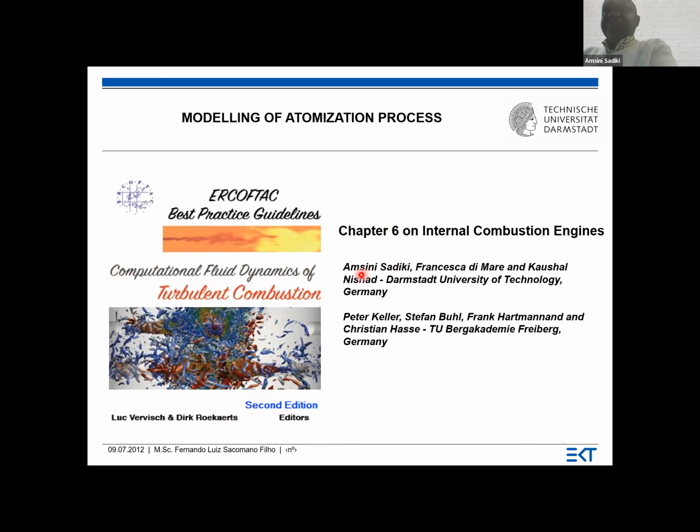We did it myself and my colleague and Kaushal Nishad, my postdoc here. And it was in collaboration with the group of Christian Hasse, who was at this time in Freiburg in Germany. So you can find most of the modeling of the atomization process in this chapter.